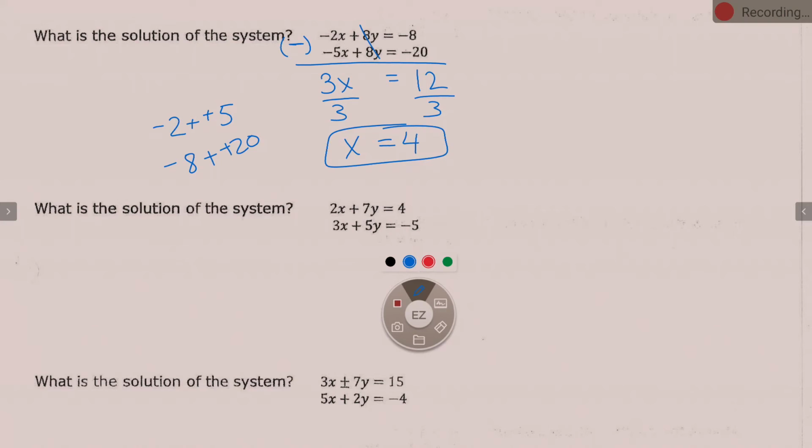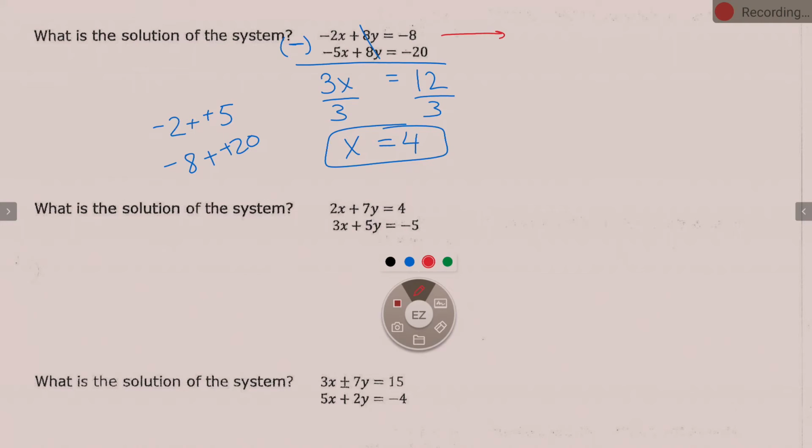Am I done? No. For your y, we have x equals 4. We have to find our y. So take this 4 and plug it in. Which equation? If I use the top, you could try the bottom if you want.